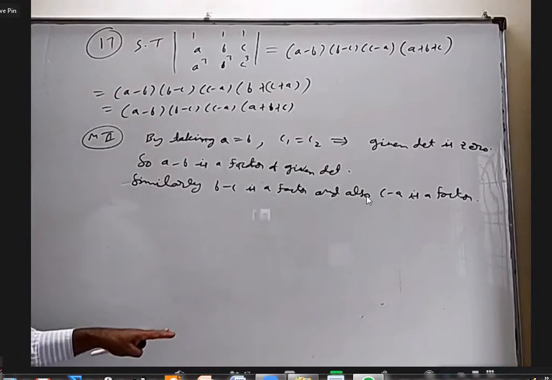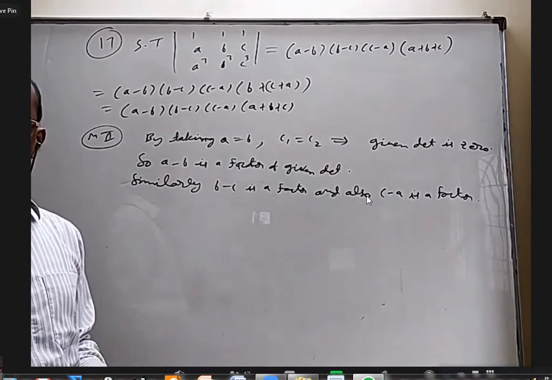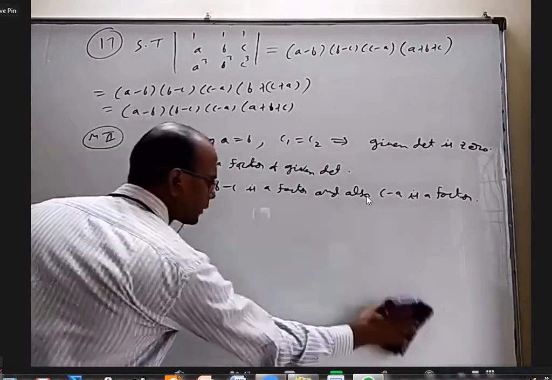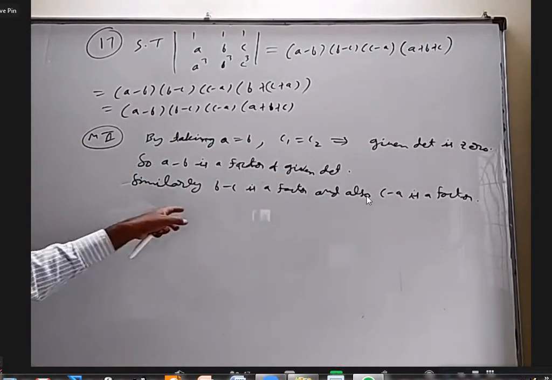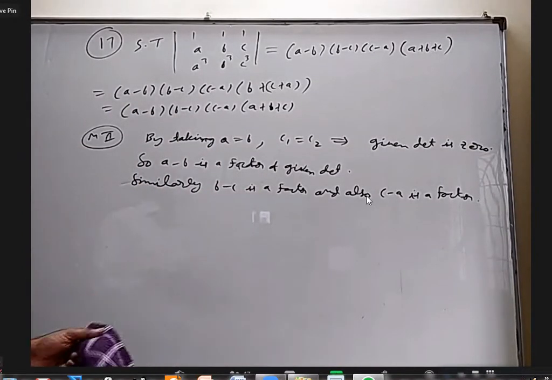Okay, everybody completed method 1 fully, right? Yes, sir. Okay, so similarly B minus C is a factor and also C minus A is a factor. Okay, nice.